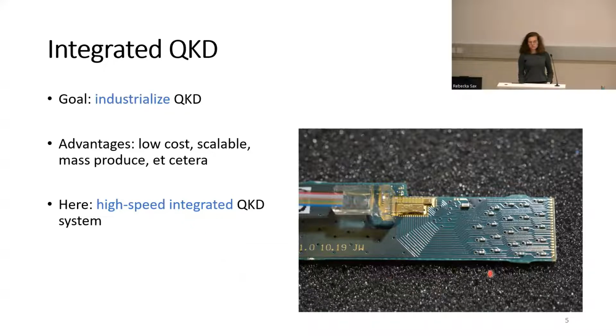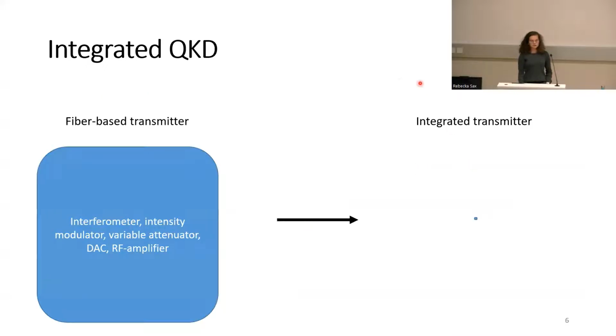Here we see an image of the transmitter chip that we have. I'll go into detail about this in just a minute. First, just to compare, here on the left we see our fiber-based transmitter and some components that are now on our integrated transmitter.